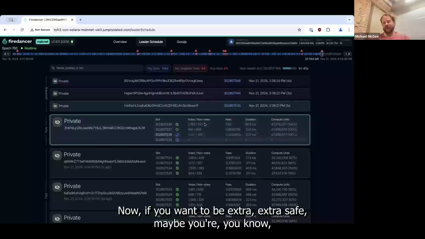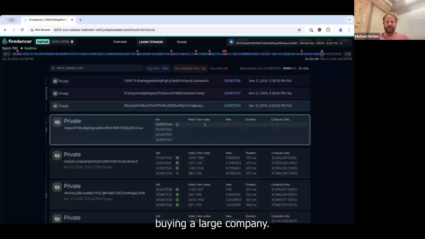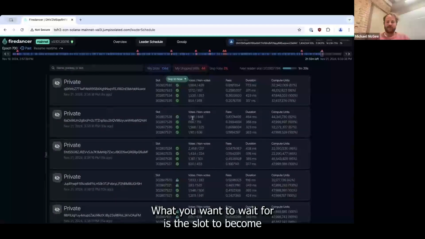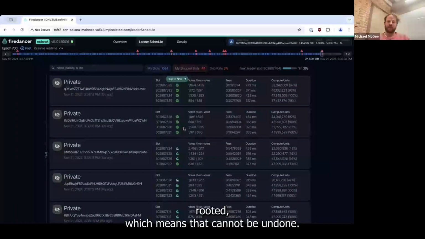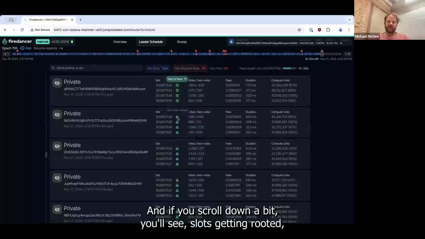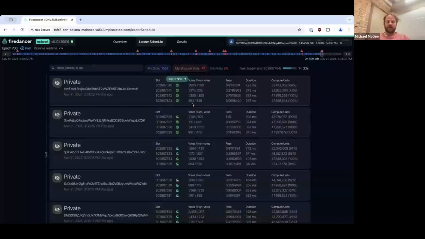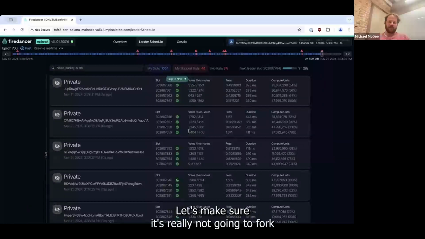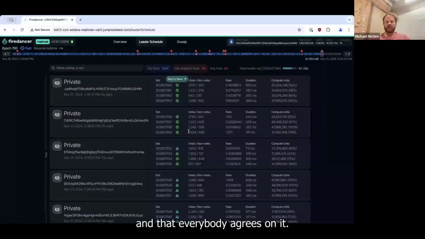Now, if you want to be extra safe, maybe you're buying a large company and you're transferring a lot of money, what you want to wait for is the slot to become rooted, which means it cannot be undone. And if you scroll down a bit, you'll see slots getting rooted a little bit after they get produced. This is the network kind of waiting a second and saying, okay, let's make sure it's really not going to fork and that everybody agrees on it.